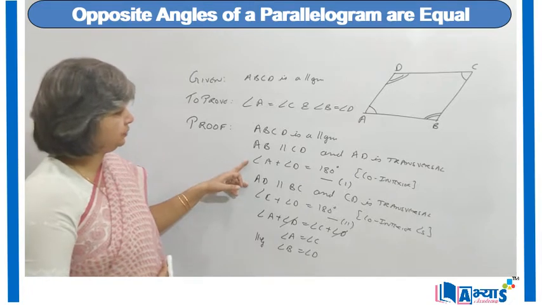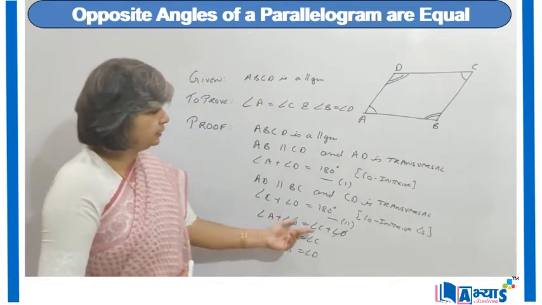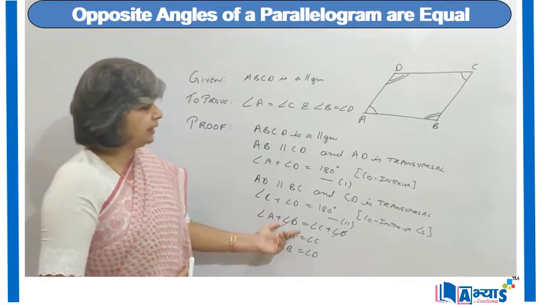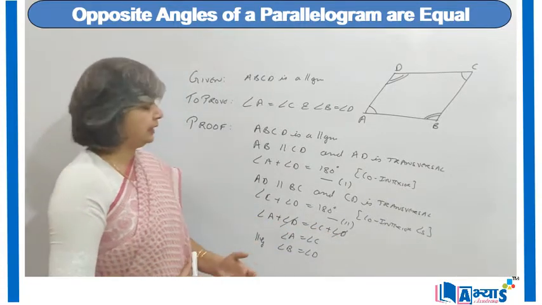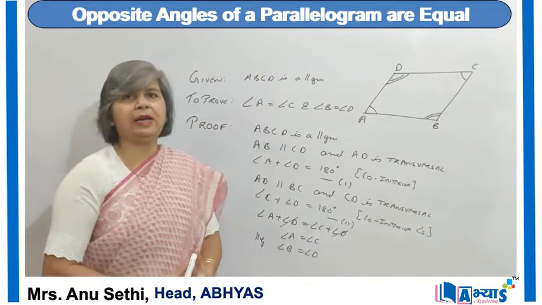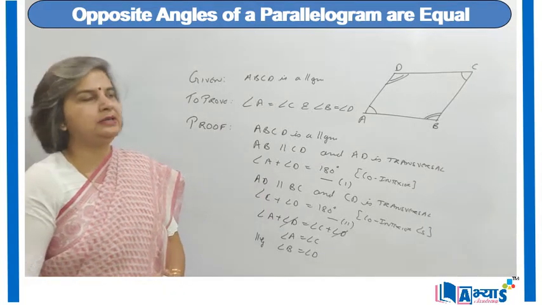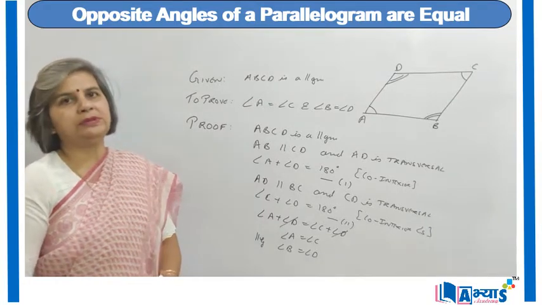Now using these two statements, as both are equal to 180 degrees, I have equated the two statements. So angle A plus angle D is equal to angle C plus angle D. Cancelling angle D from both sides, I get angle A is equal to angle C. Similarly, I can prove that angle B is equal to angle D. Hence, we can say that in a parallelogram, opposite angles are equal.